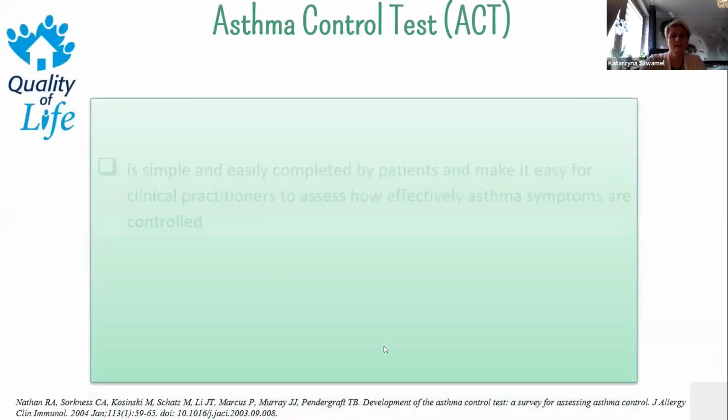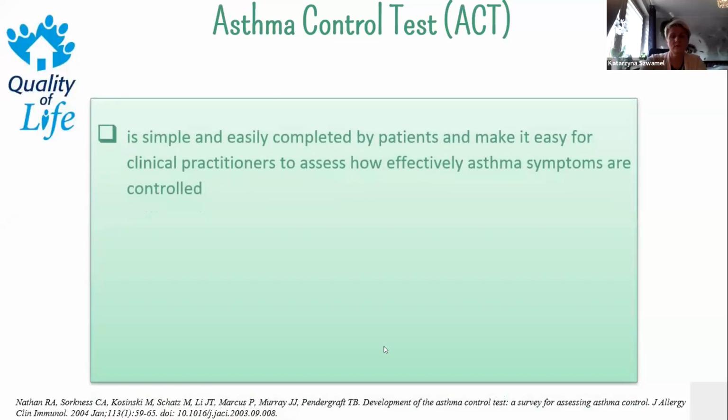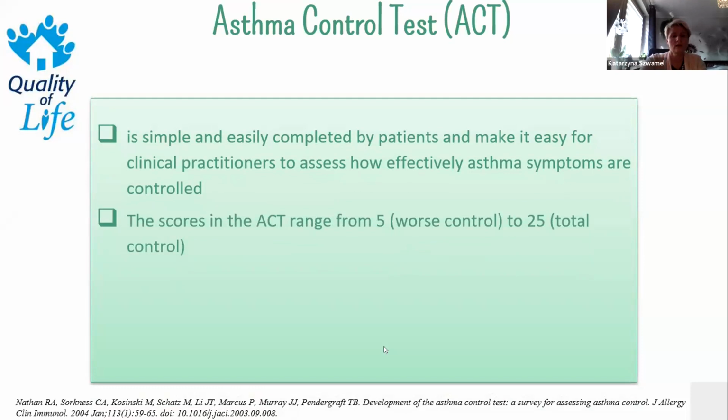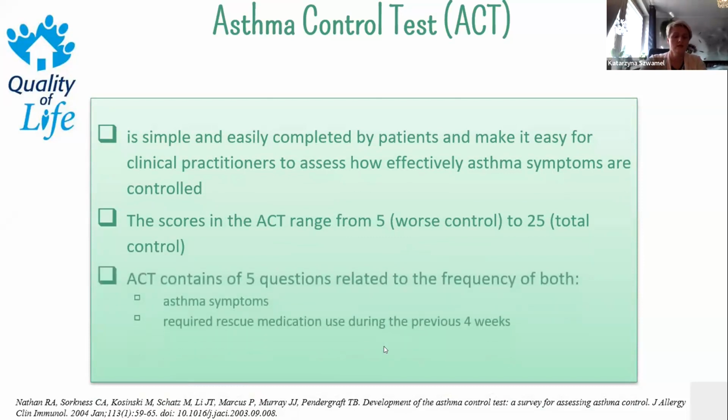The Asthma Control Test is a very simple tool, easy for patients to complete, and very useful for clinical practitioners. The scores range from 5 to 25, where 25 points means the best control of symptoms, of course.